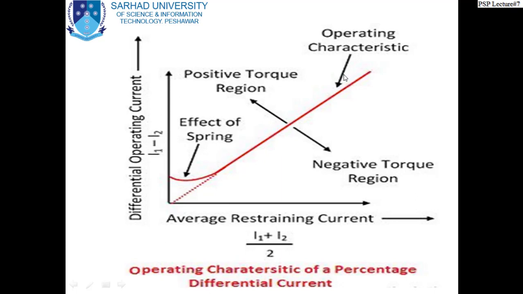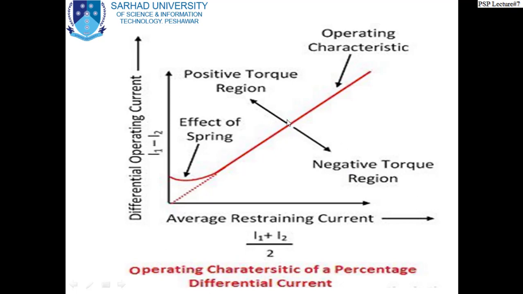Now in this we have two regions: one is the operated region and one is the not operated region, so the positive torque region and the negative torque region. The relay will operate for any point above this line, and it will not operate for any value falling below this line.